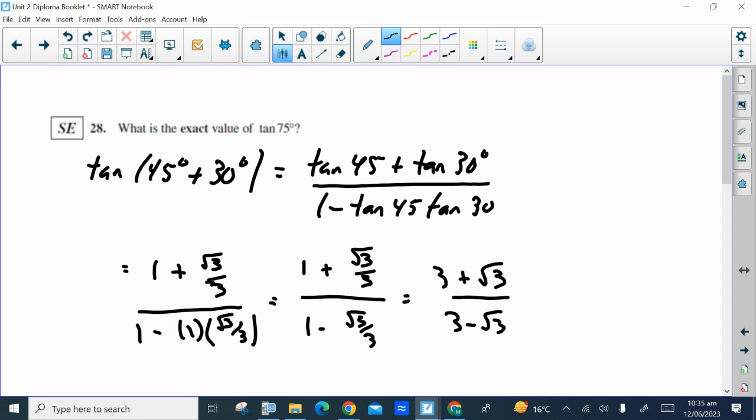And now, we get rid of the radical in the denominator by multiplying by the conjugate of the denominator. That's 3 plus root 3.